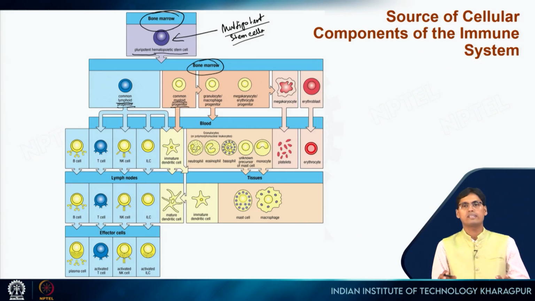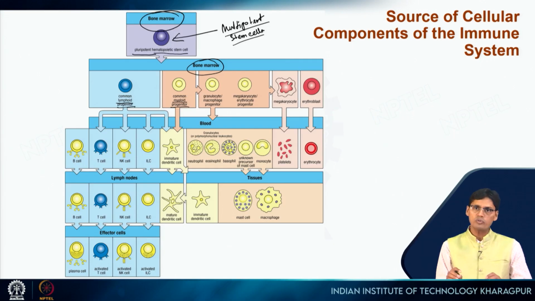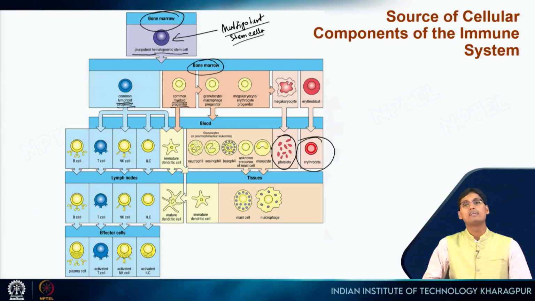There are many things here; if you don't remember all of them, that should be fine. Our basic idea is that all those cells originate from our bone marrow, followed by some differentiation, and finally we get erythrocytes. All of you know this is the red blood cell which carries oxygen, right? And platelets, which help in blood clotting.